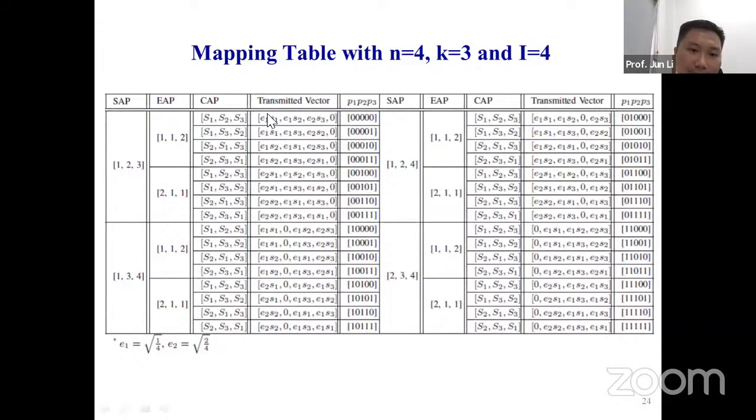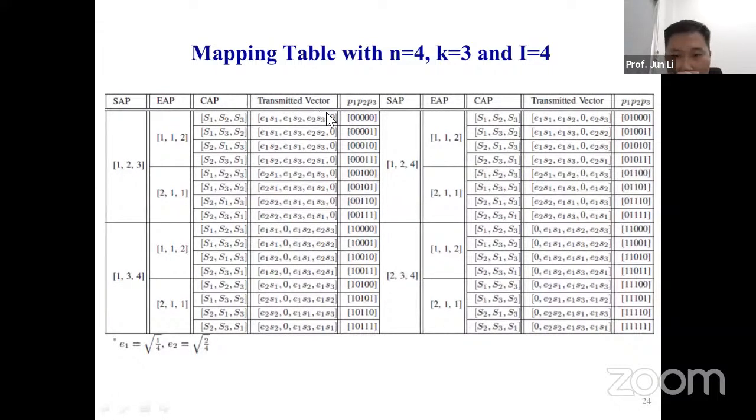So finally, if we choose the subcarrier pattern 1, 2, 3, the energy allocation pattern 1, 1, 2, and the constellation permutation S1, S2, S3, then we will get this transmitted vector: square root of 1/4 S1, square root of 1/4 S2, square root of 2/4 S3, and the last one is 0, because the fourth subcarrier is not used.